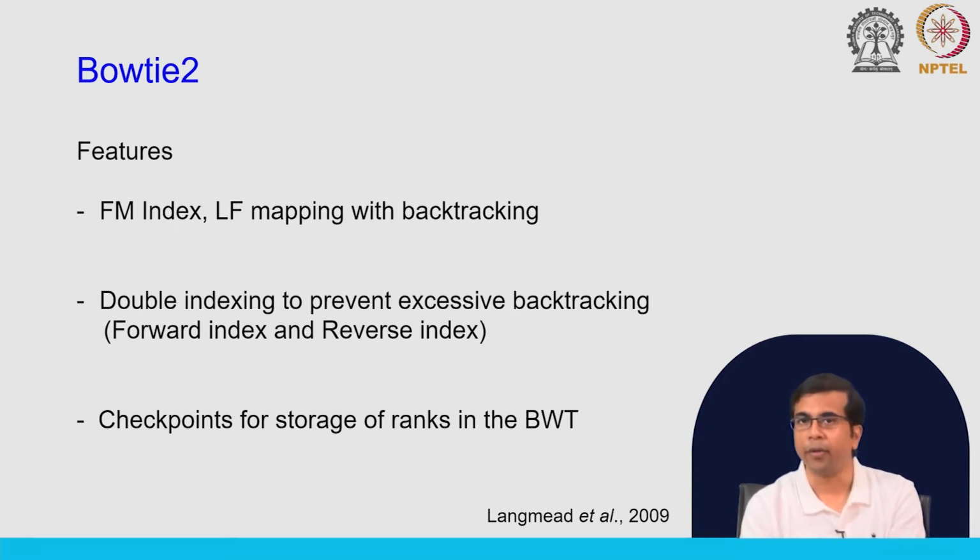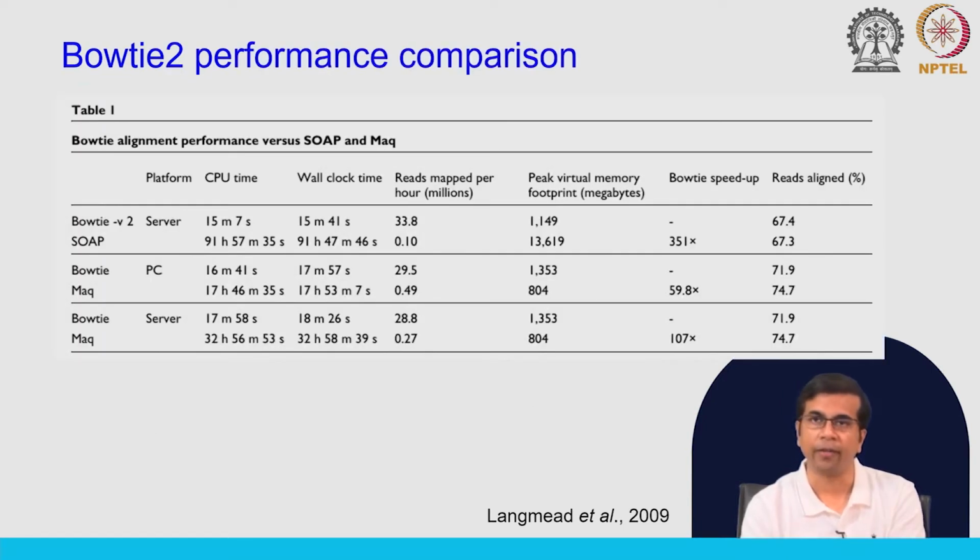If you compare the performance of Bowtie2, as published by the authors themselves, against two tools, one is SOAP and another is MAQ. We have discussed these other methods. SOAP uses hash table based methods, and MAQ creates an index from the reads and then searches through the reference.